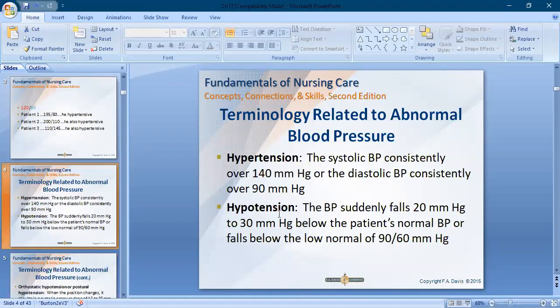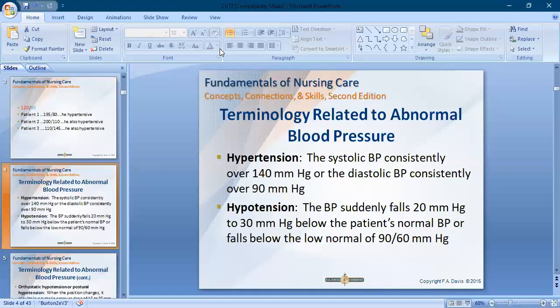And hypotension, blood pressure suddenly falls 20 to 30 millimeters of mercury below the patient's normal blood pressure, or falls below the normal 90 over 60. So both are causes of abnormal blood pressure here.